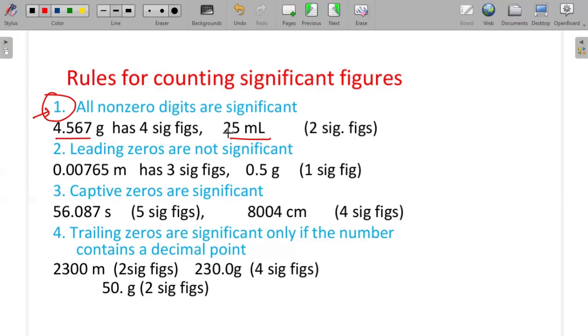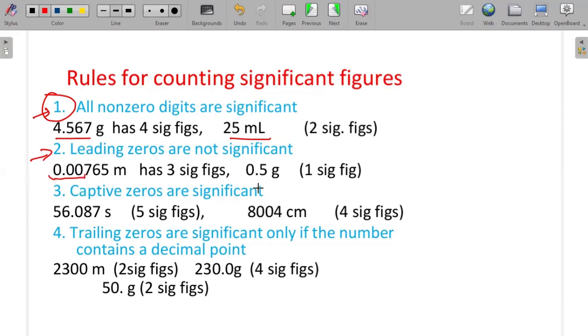From there, we go to the 3 types of zeros that we have. The first one is what we call the leading zeros. The leading zeros simply means the zeros in front, or the zeros before non-zero digits. You can see here we have these zeros coming before these non-zero digits.